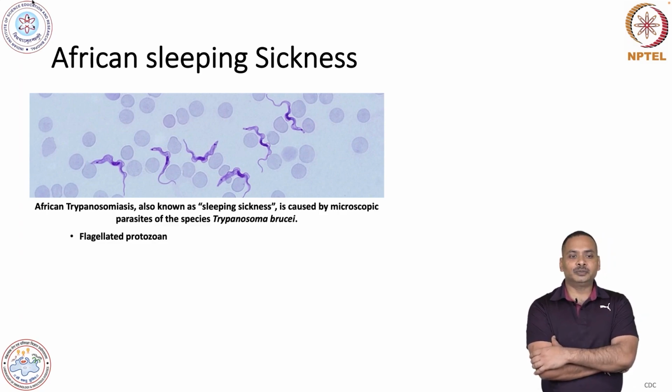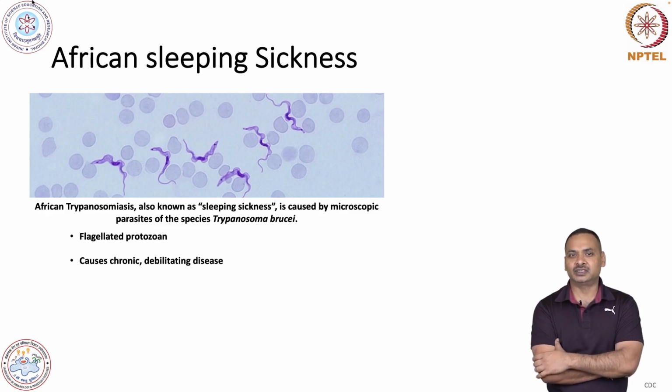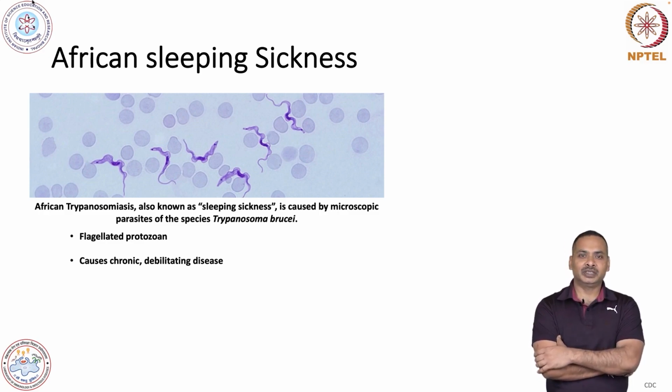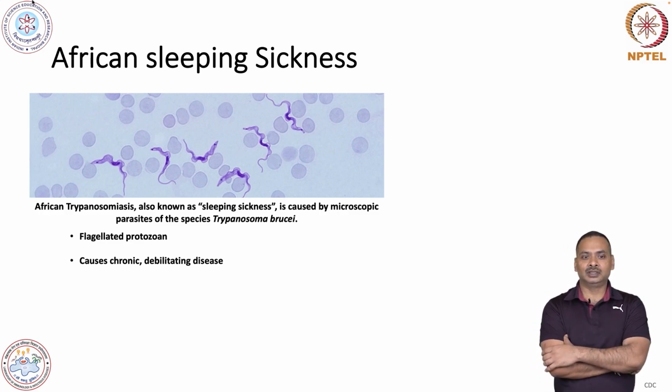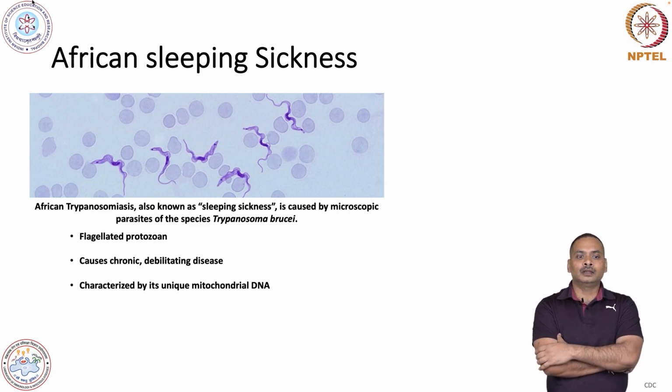It's a flagellated protozoan that causes a chronic debilitating disease. Debilitating means that the disease causes you to become extremely weak. That is the meaning of debilitating disease. It is characterized by unique mitochondrial DNA.